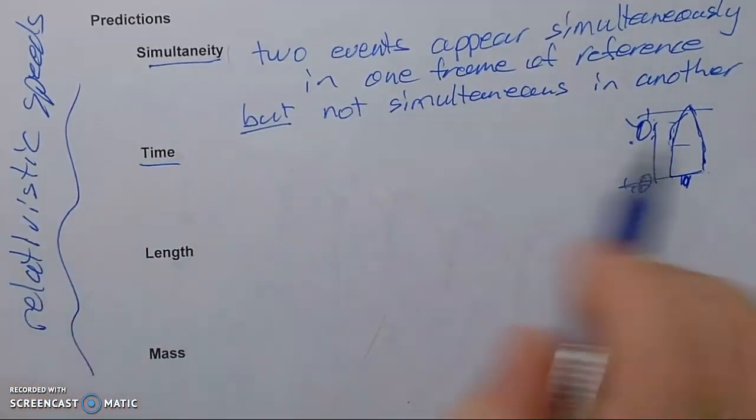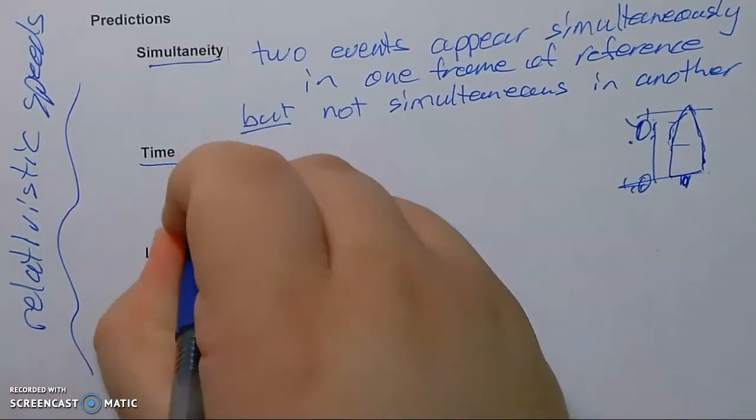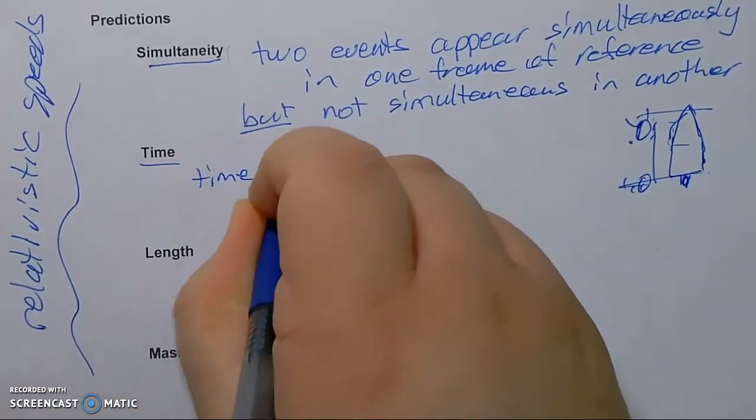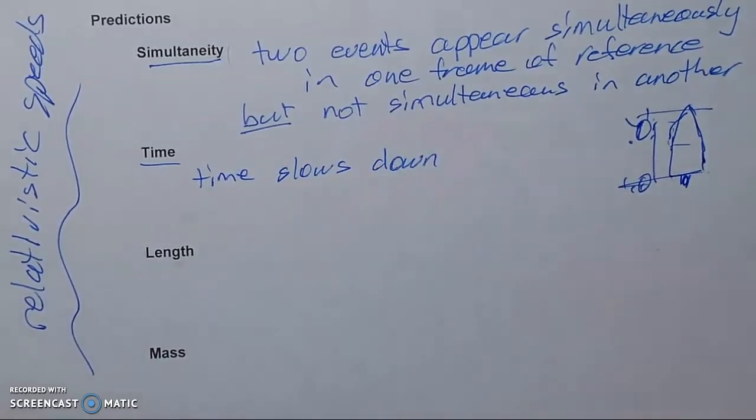Time. So when things are traveling at relativistic speeds to each other, time slows down. And we've seen this to a very, very minor degree. We've taken some very, very fast jet planes, and we've taken atomic clocks.